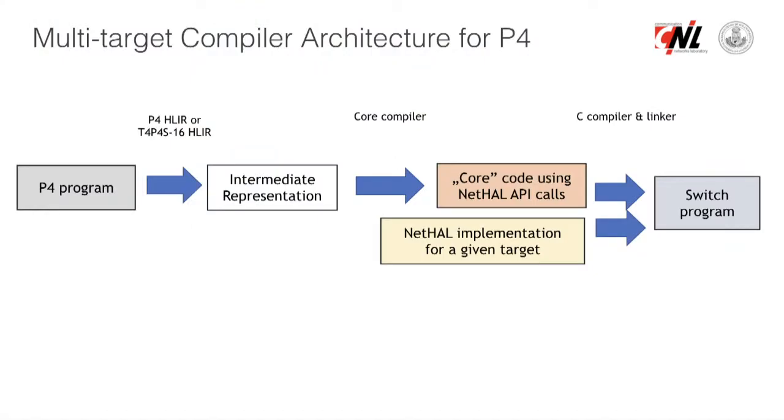Our compiler has two unique features. The first one is the easy retargetability, and the second is the high-speed packet processing. The easy retargetability was addressed by the design of TAPAS. If you have a look at this figure, you can see how the compilation architecture looks like in TAPAS.